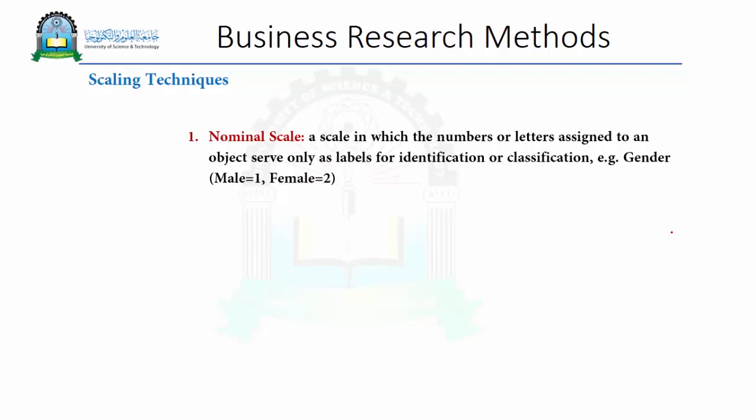The first scaling technique is what we call nominal. The nominal scaling technique is a scale in which numbers or letters assigned to an object serve only as labels for identification or classification, like asking about gender, male or female, in the demographics part of the questionnaire.